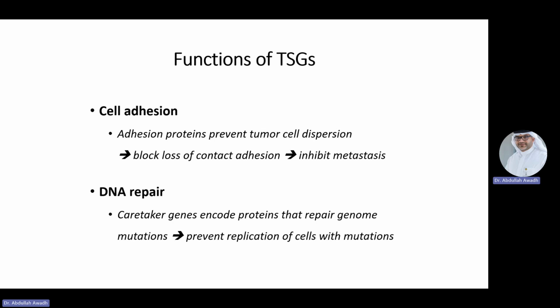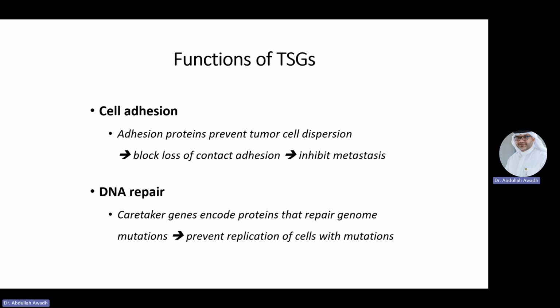It keeps cells attached to each other within the same tissue, within the same organ. One of the tumor suppressor genes' functions is to prevent tumor dispersion by helping cell adhesion. How do they work here? They block the loss of contact adhesion.